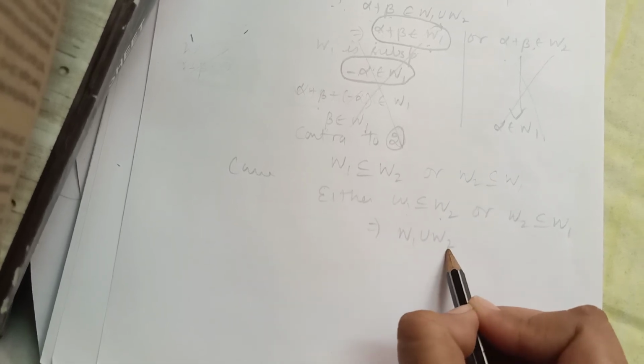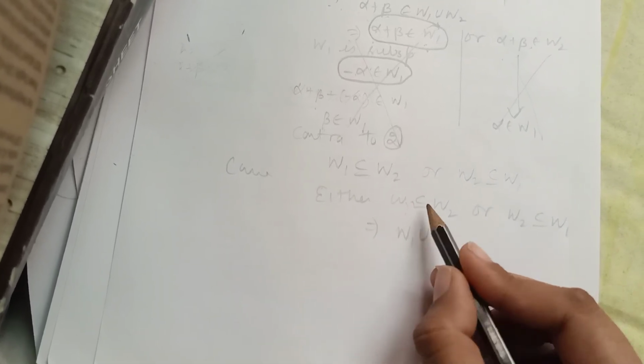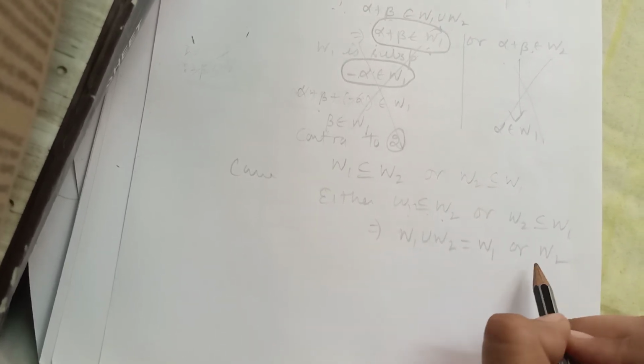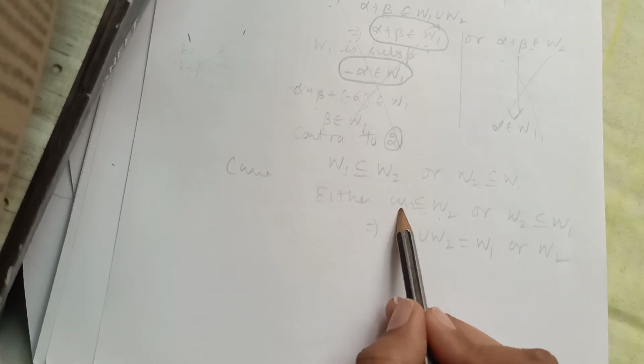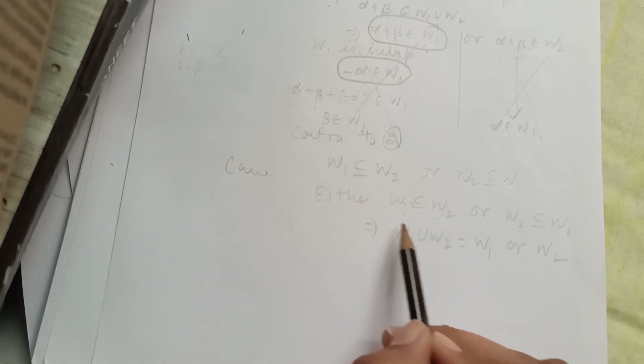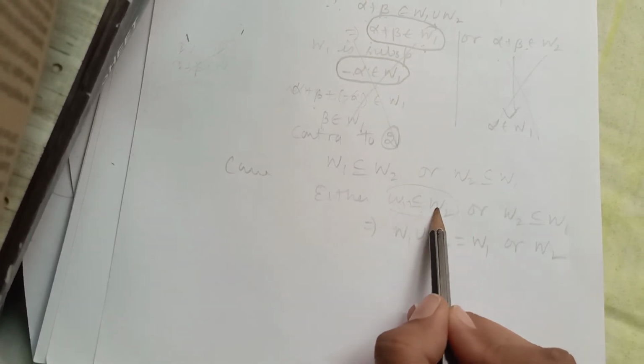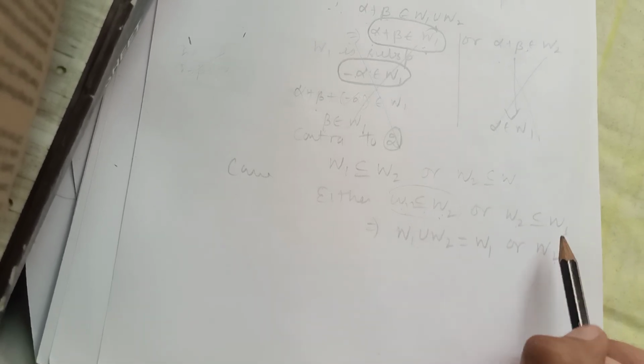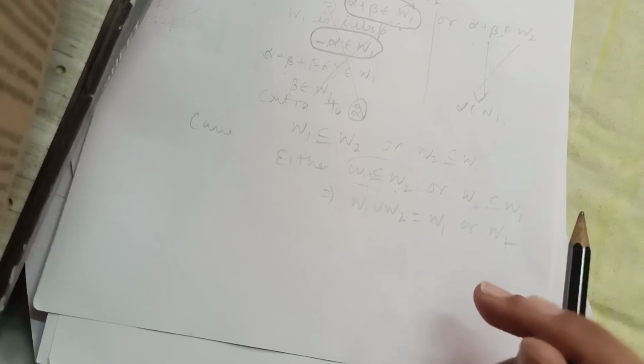Then in both the cases, it will be either equal to W1 or equal to W2. If W1 is contained in W2, then whole union of W1 and W2 will be actually W2. Similarly, if W2 is contained in W1, then union will be equal to W1.